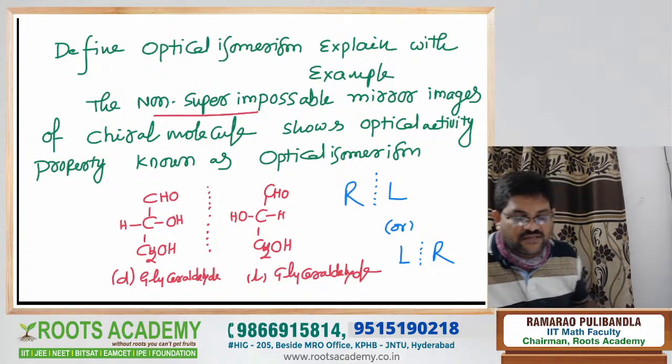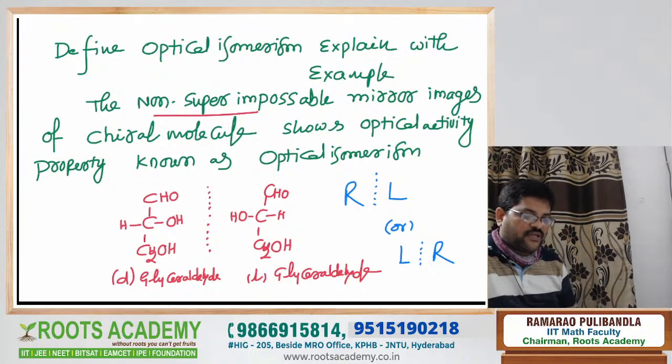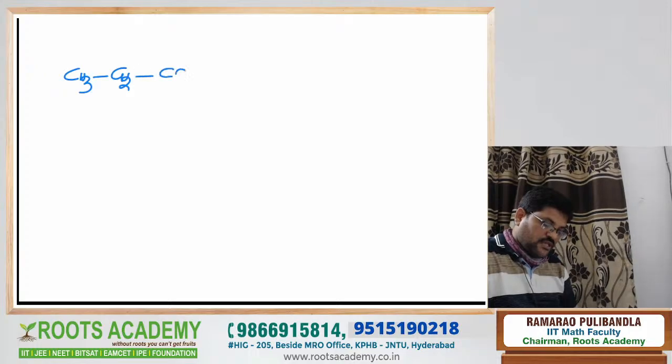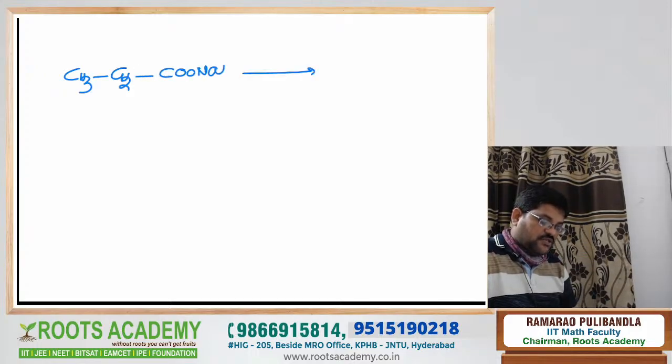Narendra, what are you asking? Sodium propionate heated with soda lime. Very good. Take the example of sodium propionate, CH3CH2COONa. Heat with soda lime. What is soda lime? NaOH plus CaO is soda lime.